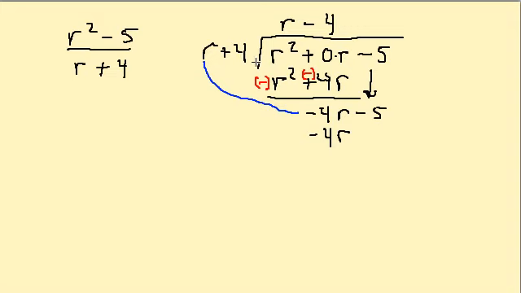Minus 4 times 4 is negative 16. And then I subtract. And to subtract, we change the sign of each term and we add. So I have negative 5 plus 16 is 11. So here's my answer. I have r minus 4, and then the 11 is my remainder.